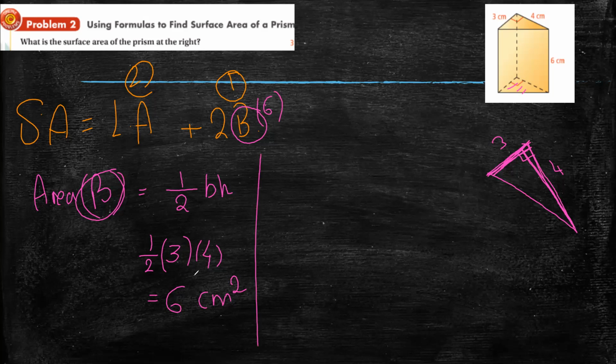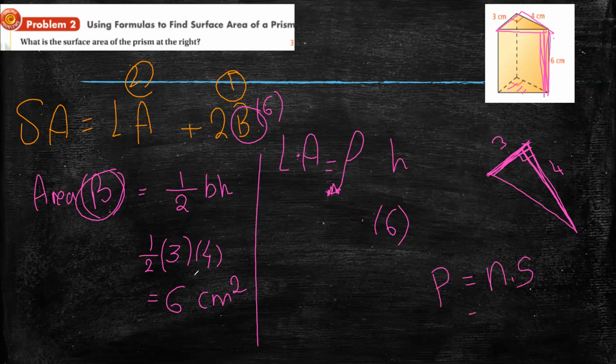Now let's talk about how we can find the lateral area. To find the lateral area, as we said, we need to find the perimeter times the height. So we need the height and the perimeter. What is the height? Look here, this is the height that connects between the two bases, which is 6. Now, the perimeter, as we know before, is the summation of all of the sides, or we can say it is n times s.